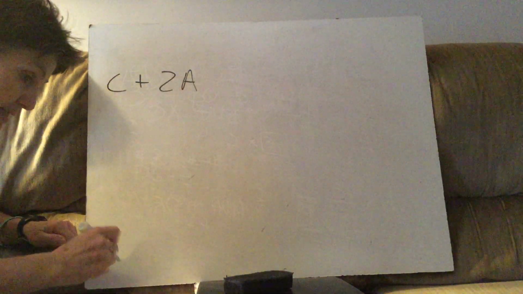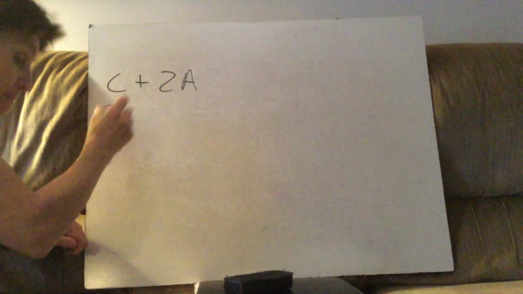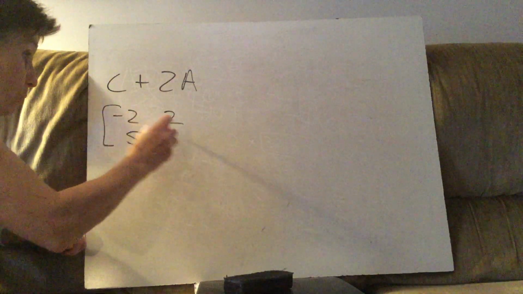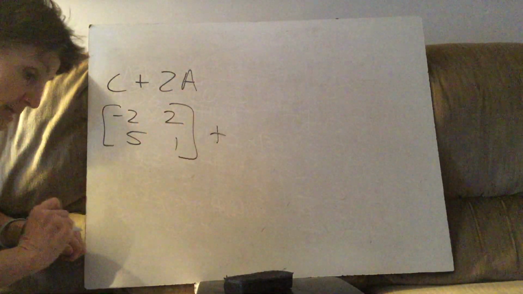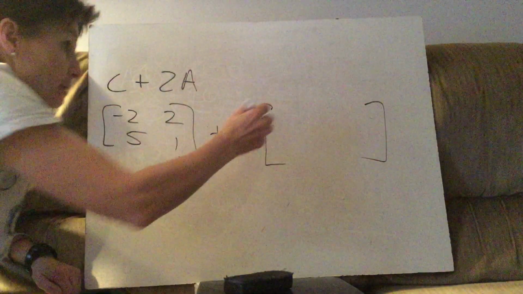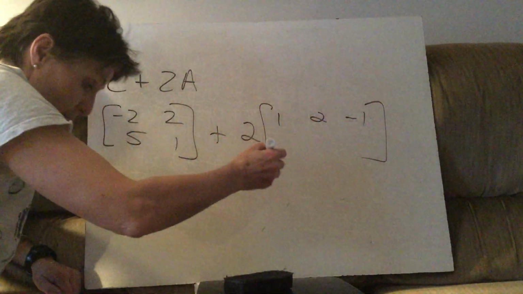All right, the next problem says we're going to do C plus 2A. So that's going to be negative 2, 2, 5, 1. That's C. And then 2 times A, which is this one again.